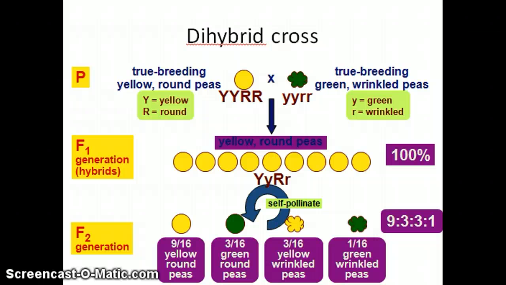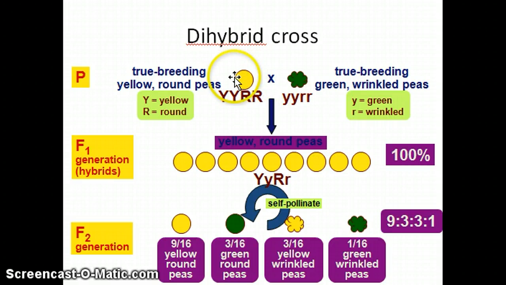So this is a picture showing you a dihybrid cross. And the way that we would write this out is we would put one of the characters first and then the other character second. So we put them together. So you can see with this one that Y represents yellow and R represents round, and these are our dominant traits. And so we have a homozygous dominant yellow and a homozygous round.